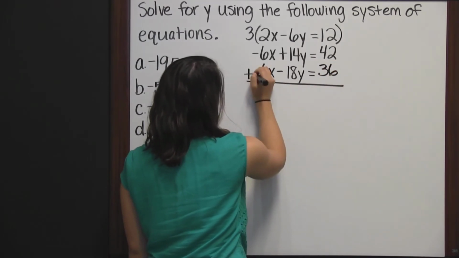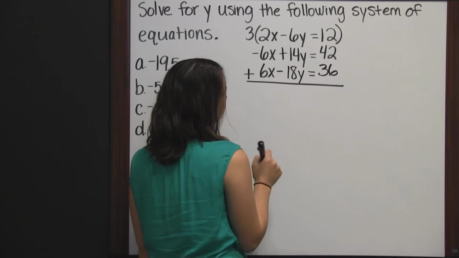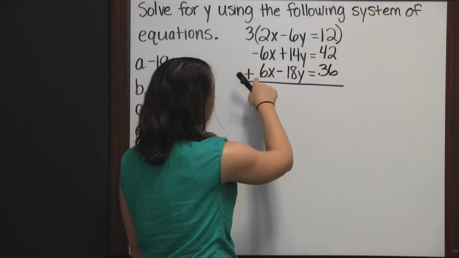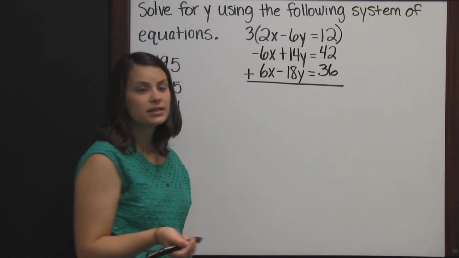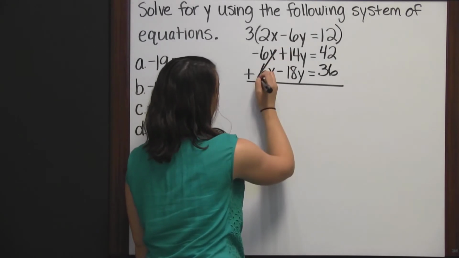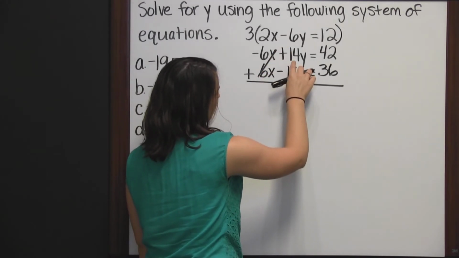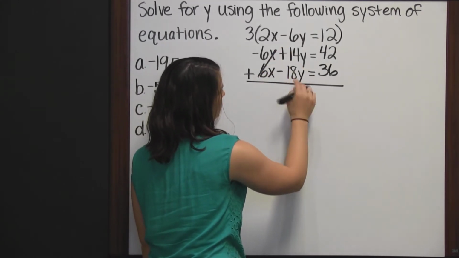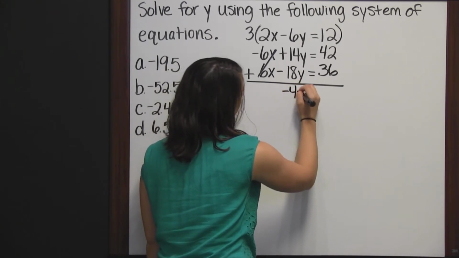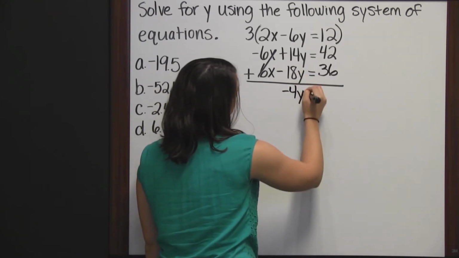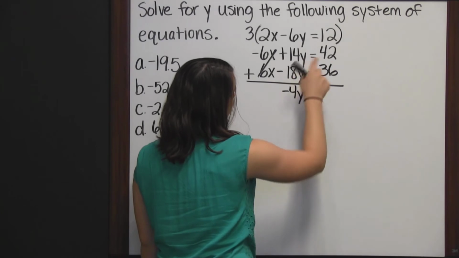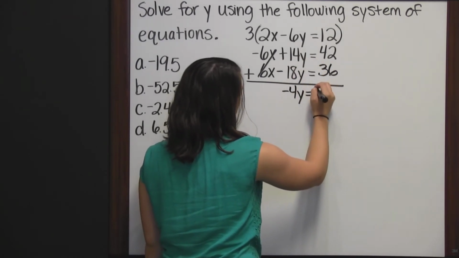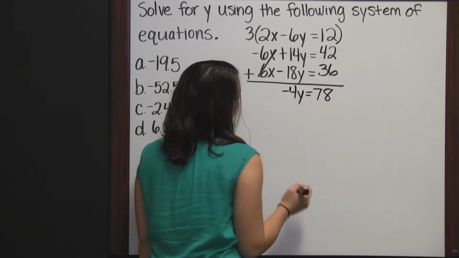Now I'm just going to add these two equations together. Negative 6x and 6x is 0. They cancel. 4y and negative 18y is negative 14y. Bring down the equals. 42 plus 36 is 78.